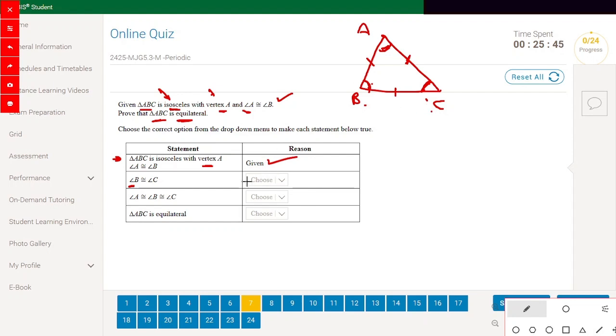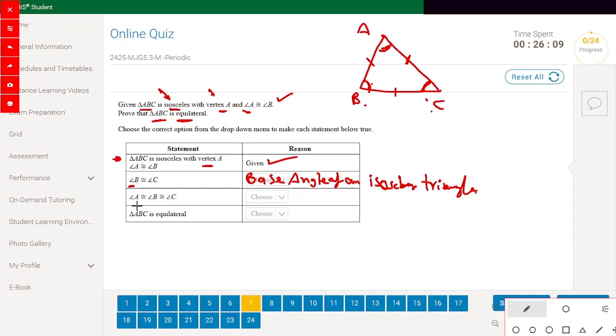So this is called a base. The reason is: base angles of an isosceles triangle.